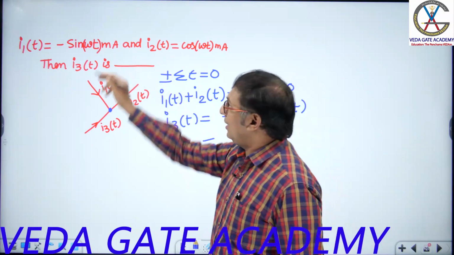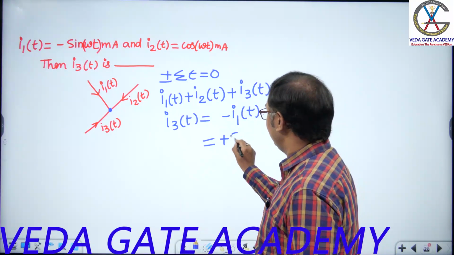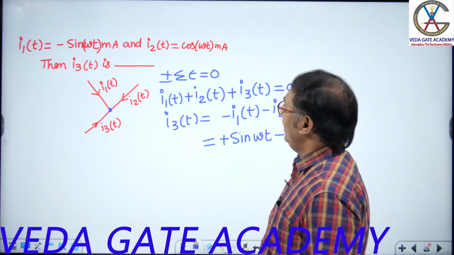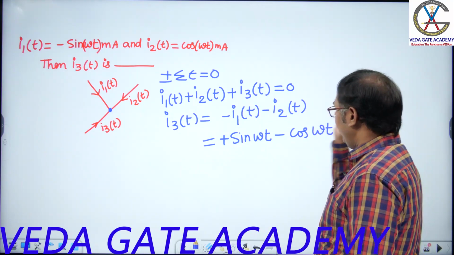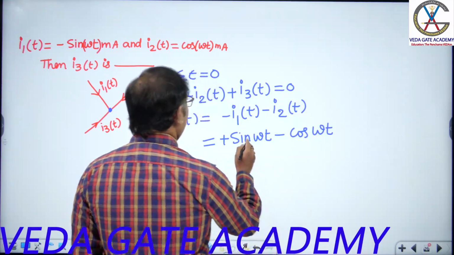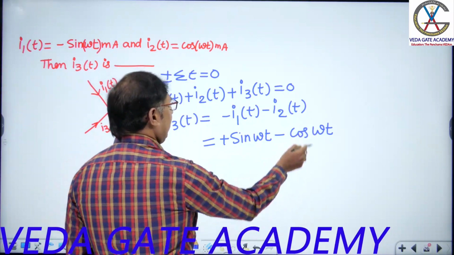What is I1 of t, already given? Minus sin omega t, so minus of minus gives plus sin omega t, minus I2 of t, which is cos omega t. Convert either sin into cos or cos into sin, your wish. Let us convert cos into sin.